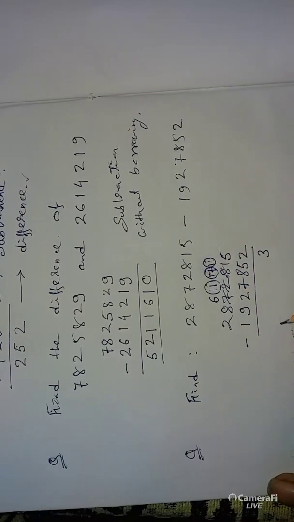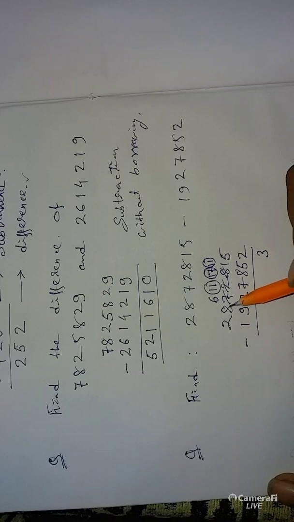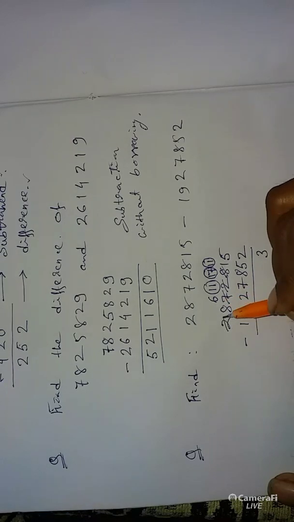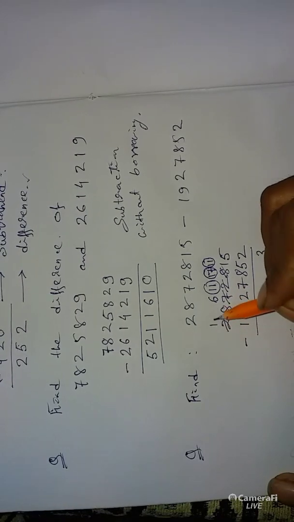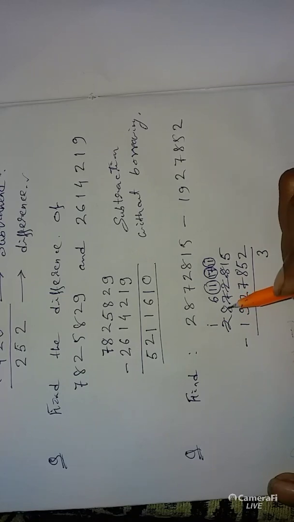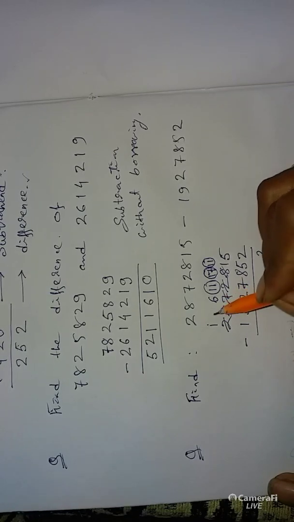Now 6 minus 2 is possible. Next step, 8 minus 9, again not possible. So 8, take 1 from here, it becomes 1 and 8 becomes 18.